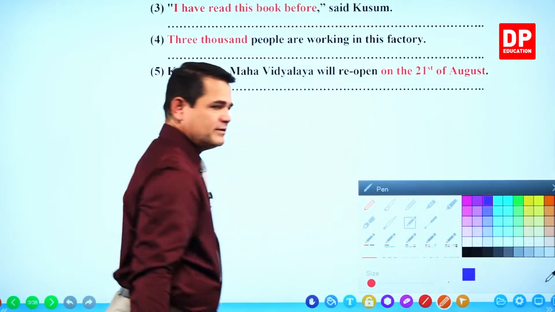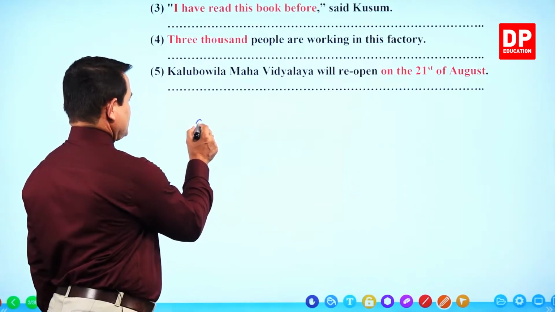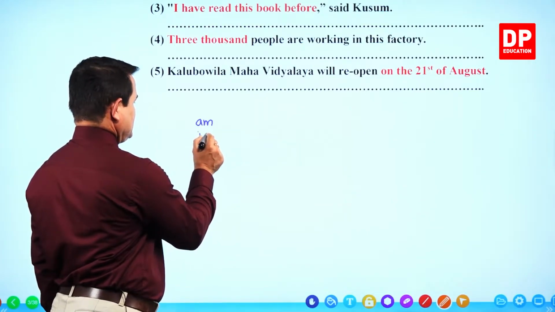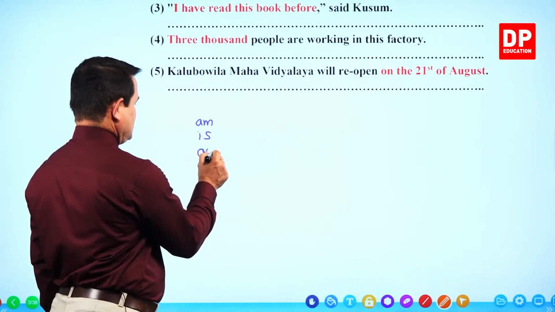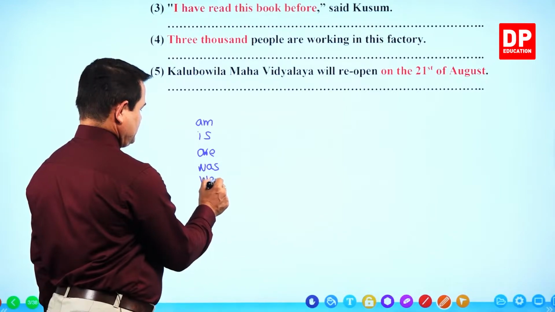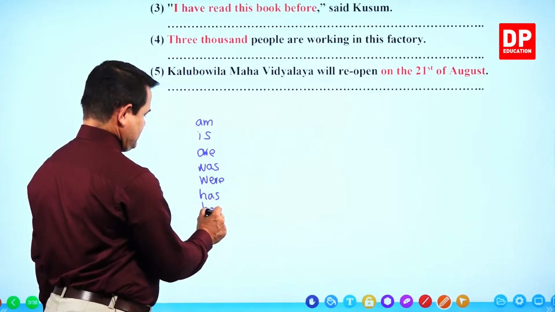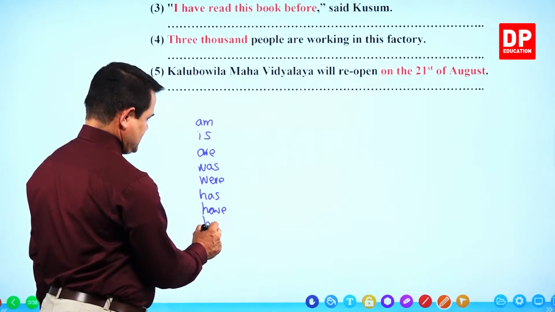so if you find these words like am, is, are, was, were, has, have, had.